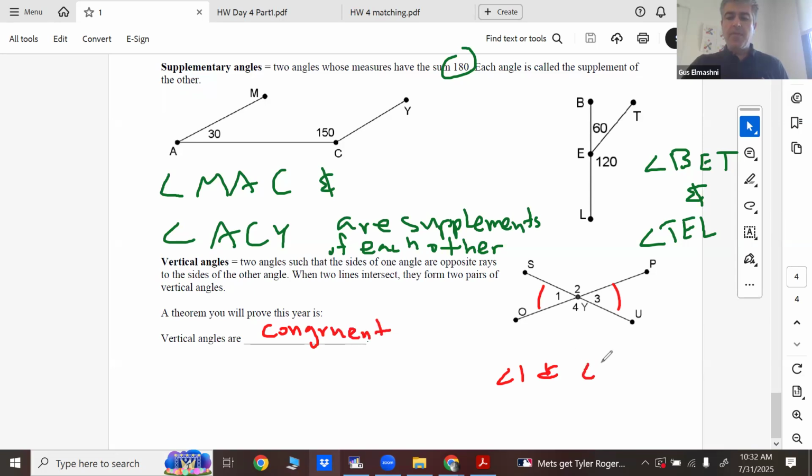So angle 1 and angle 3, that's supposed to be a congruent symbol, as well as angle 2 and angle 4. We call those vertical angles.